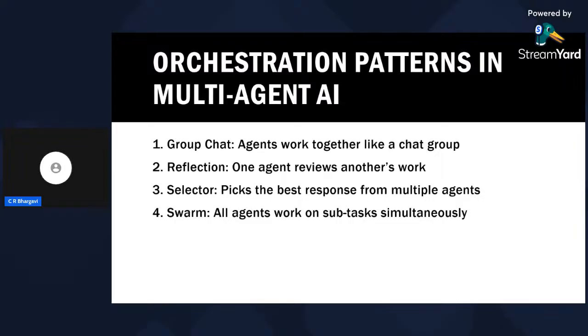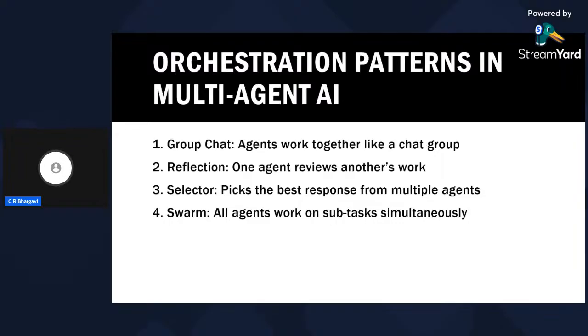Reflection is when one agent reviews the other's work. Say, in the case of your team lead, when the agent will be reviewing your code, and then it would be giving you back the result of what the other agent does, then that is called reflection.